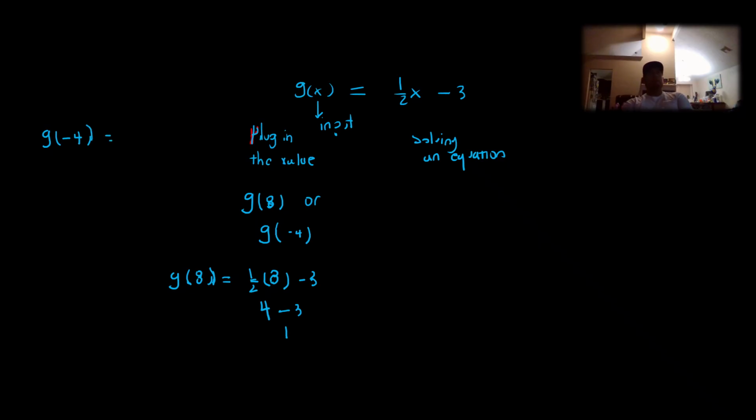Well, this function was defined as 1 half times x, but we're not using x, we're using negative 4, minus 3. 1 half times negative 4 is negative 2, minus 3, which is equal to negative 5.